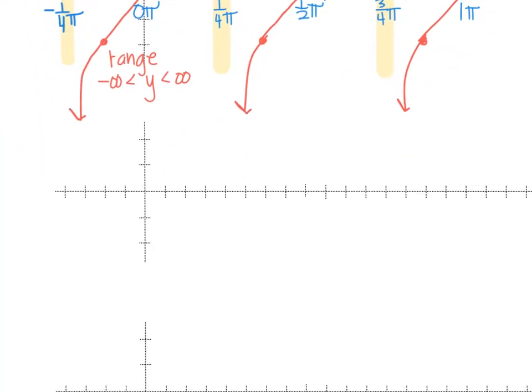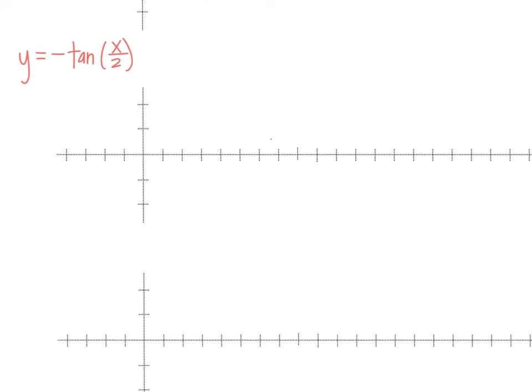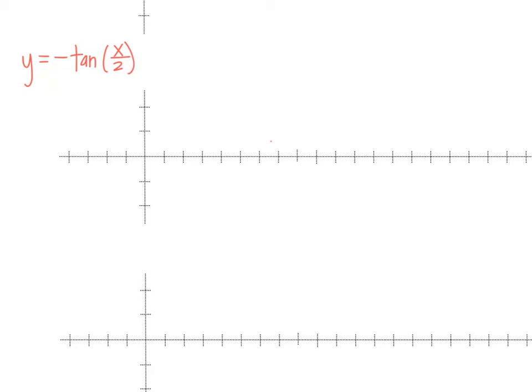Okay, let's try another one. Let's try y equals -tan x over 2. I would just encourage you to get your 5 primary pieces on there right away. Dot followed by asymptote. 4 pieces later, dot followed by asymptote.